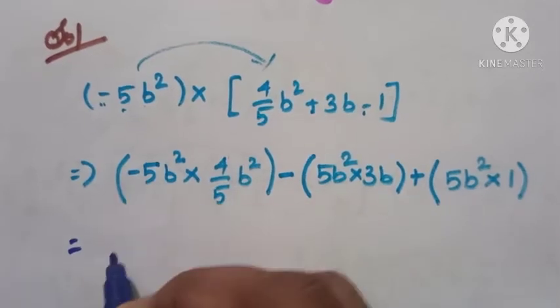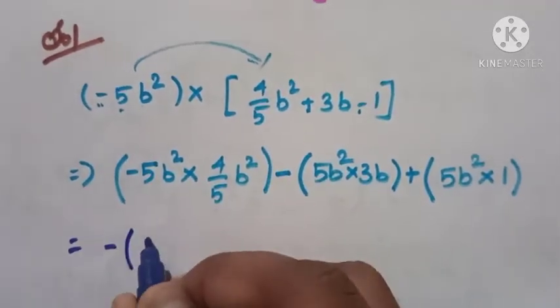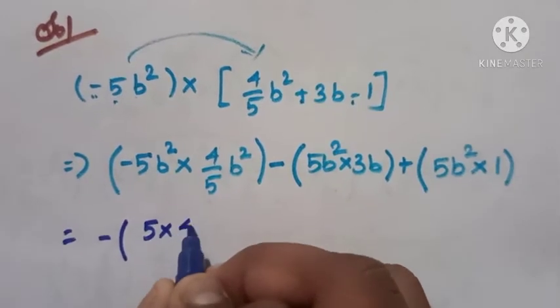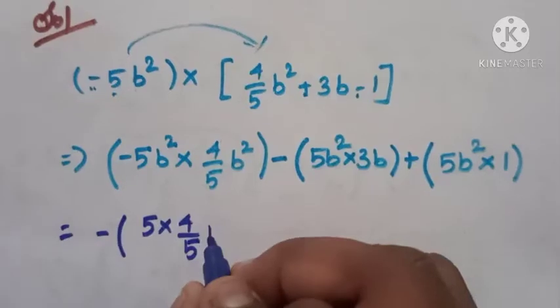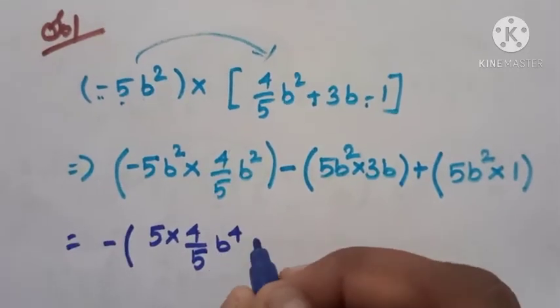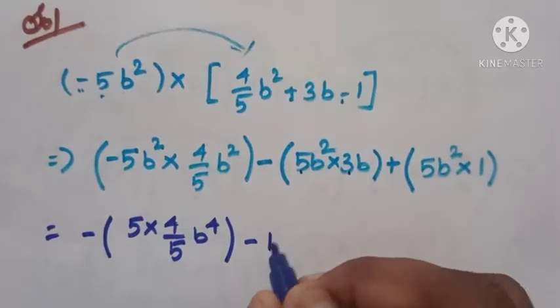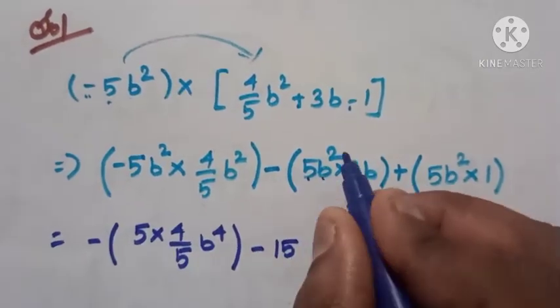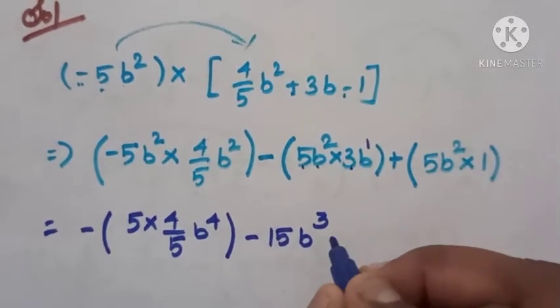So plus into minus, you get minus 5 into 4 by 5. B square into b square, you get b to the power 4. Minus 5 into 3, 15. B power 2 into b power 1, you get b power 3.